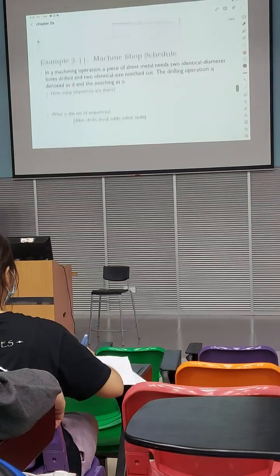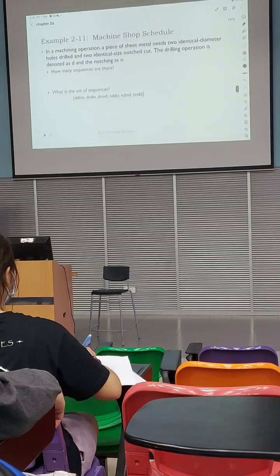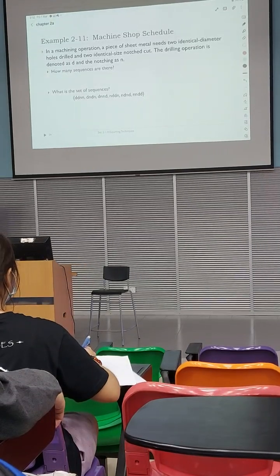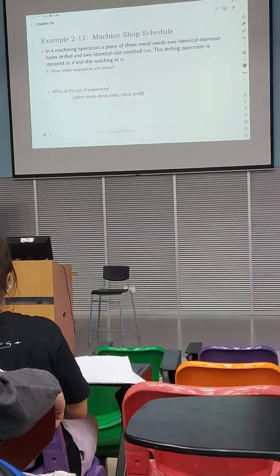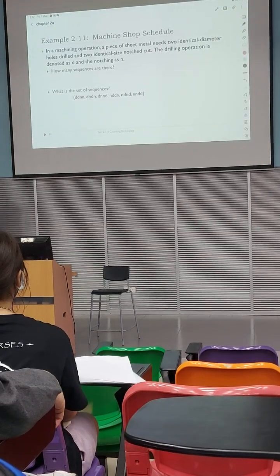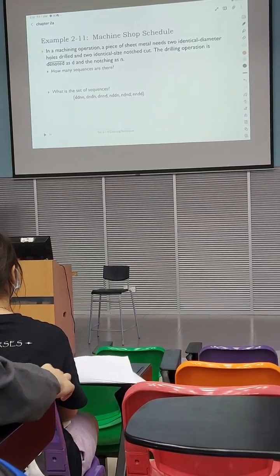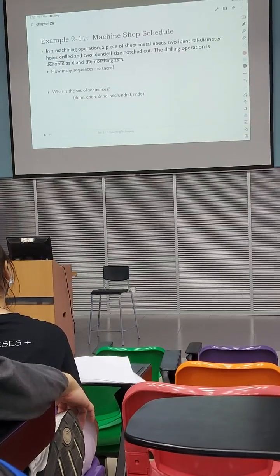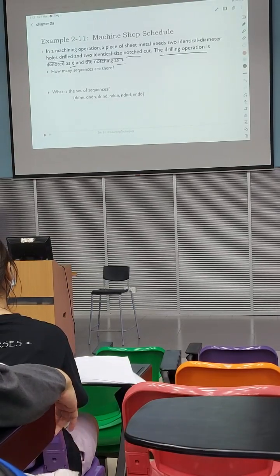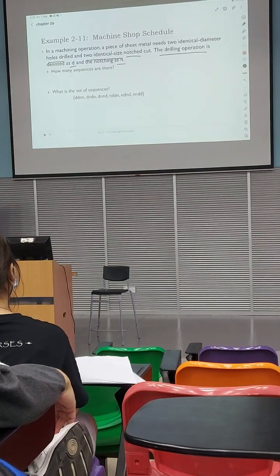In what situation do we have to use this? For example, in this machine shop's schedule, a piece of sheet metal needs two identical diameter holes drilled and two identical size notches cut out. The drilling operation is denoted as D and notching as N. How many sequences are there?